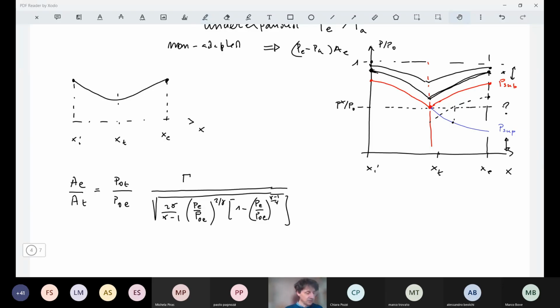And this will be compared to the normal shock expression that you have obtained in the gas dynamics or compressible flow courses. So we can stop here.